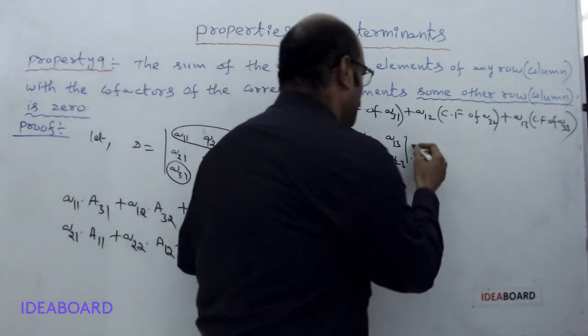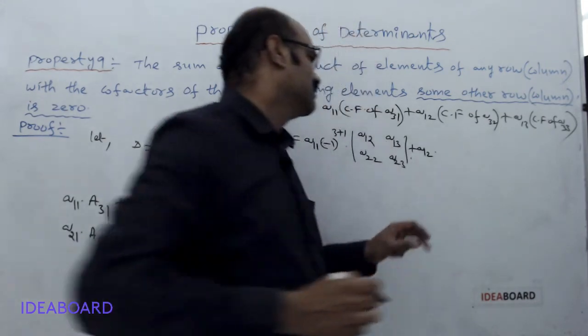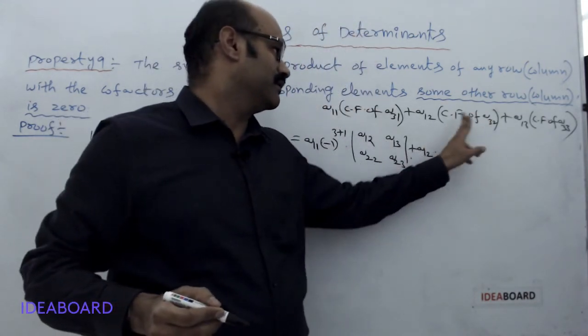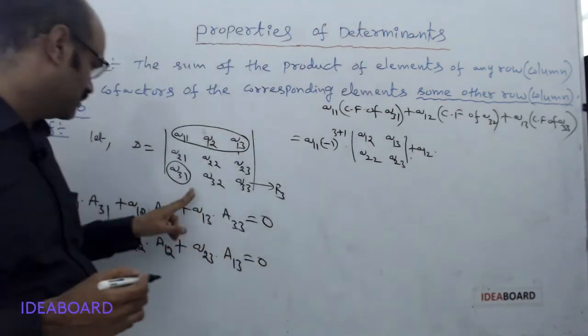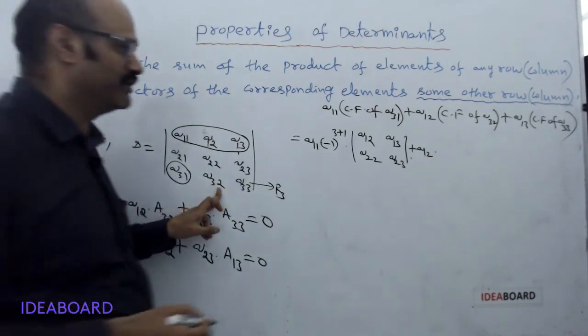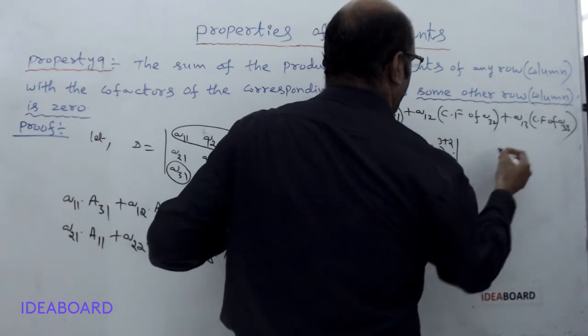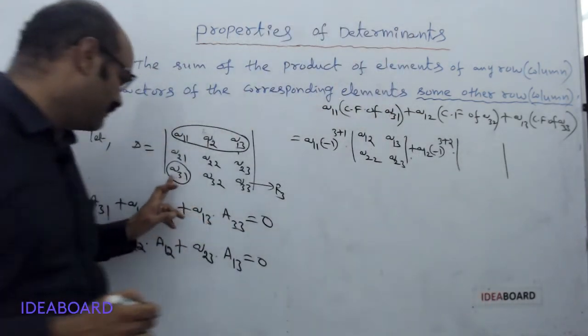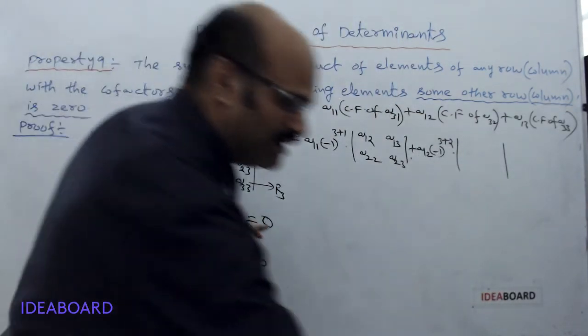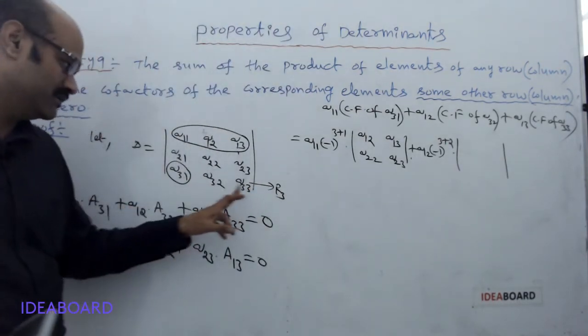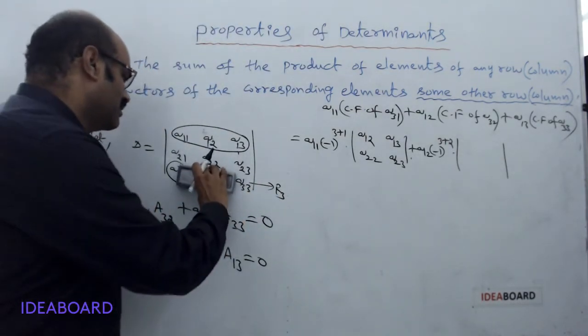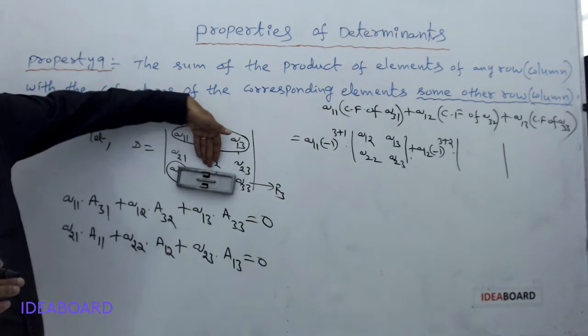Now plus A12 into cofactor of A32. So we have to take minus 1 whole power 3 plus 2 into minor of A32. Minor of A32 means the element A32 lies in third row and second column.